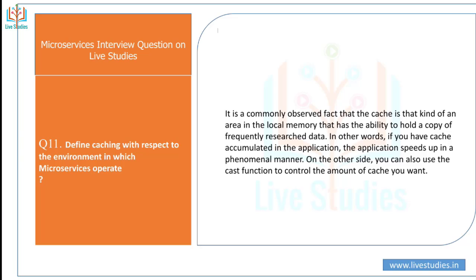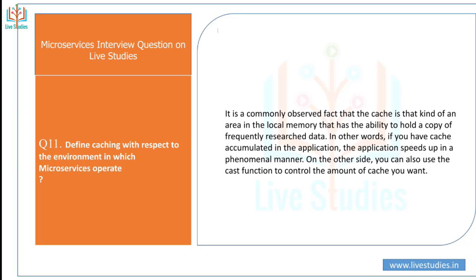Move to the next question. Define caching with respect to the environment in which microservices operate. It is a commonly observed fact that a cache is an area in local memory that has the ability to hold a copy of frequently accessed data.